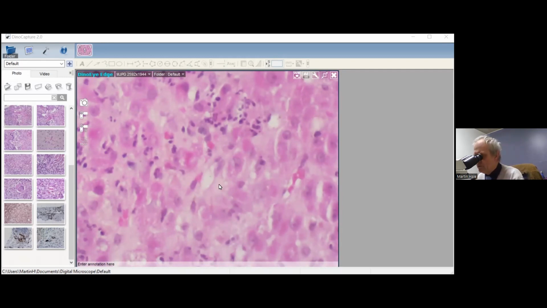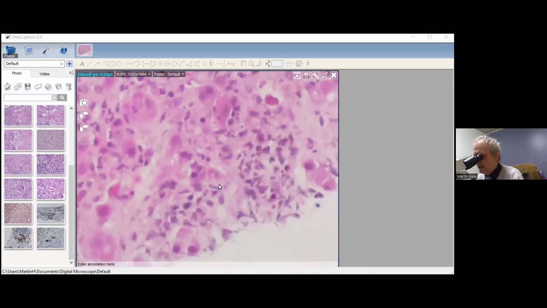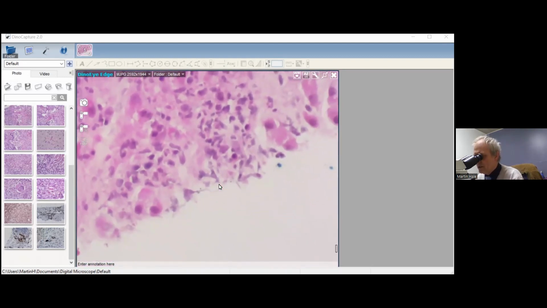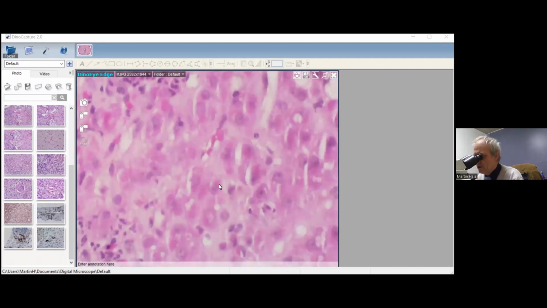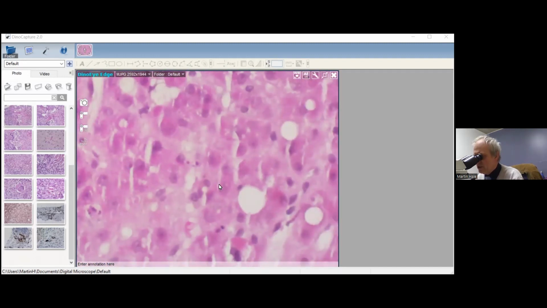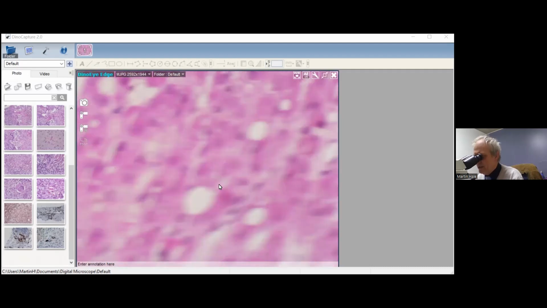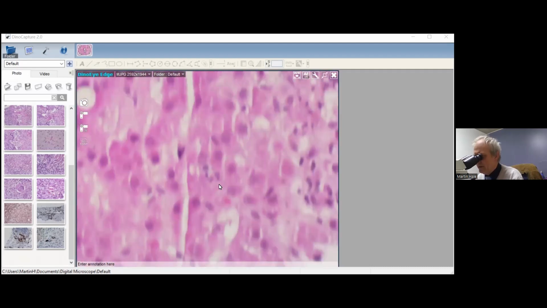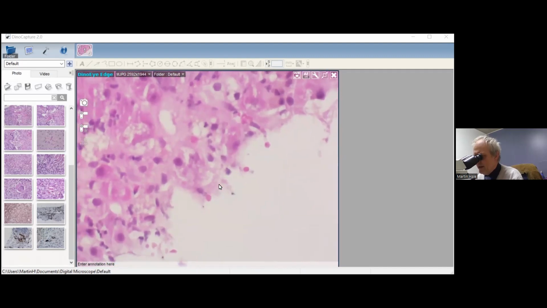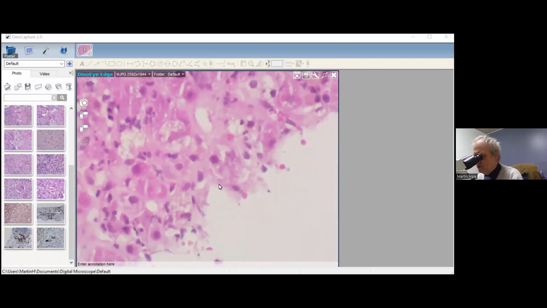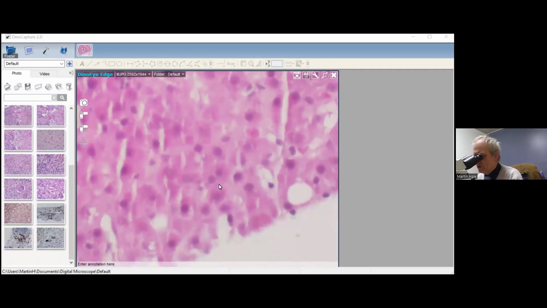Plenty of neutrophils. Everywhere you look, you see neutrophils. So that scores a 2, okay? We've got a 2 for ballooning degeneration and/or Mallory-Denk bodies. We have no problem finding Mallory-Denk bodies, hence the score of 2. And we have no problem finding neutrophils, hence the score of 2 for that.